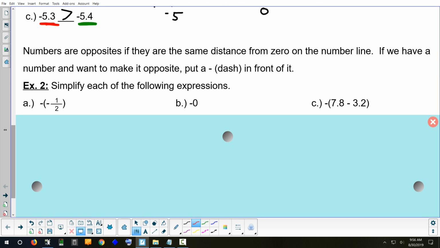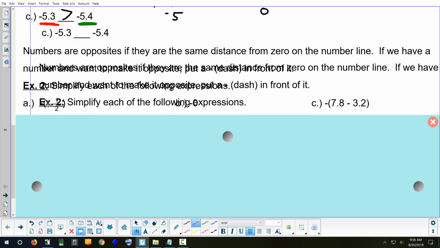All right, so example 2, you don't have the numbers written down. We're going to copy those down. Okay, the first one, example A, it says -(-1/2). Or another way to read it is the opposite of -1/2.